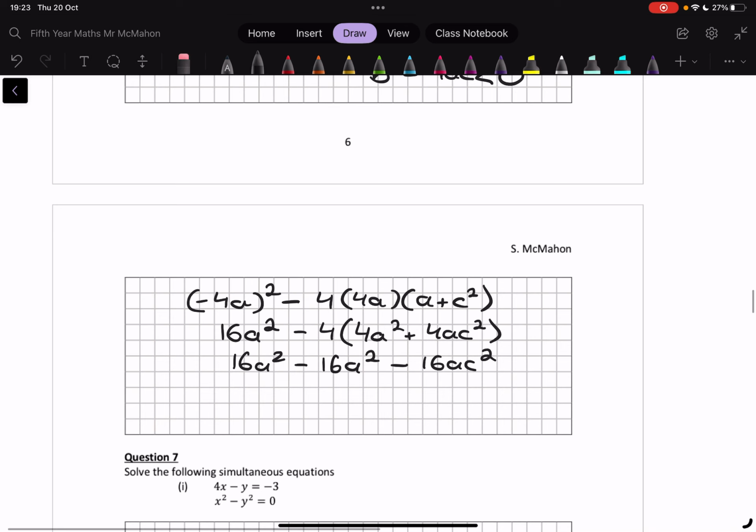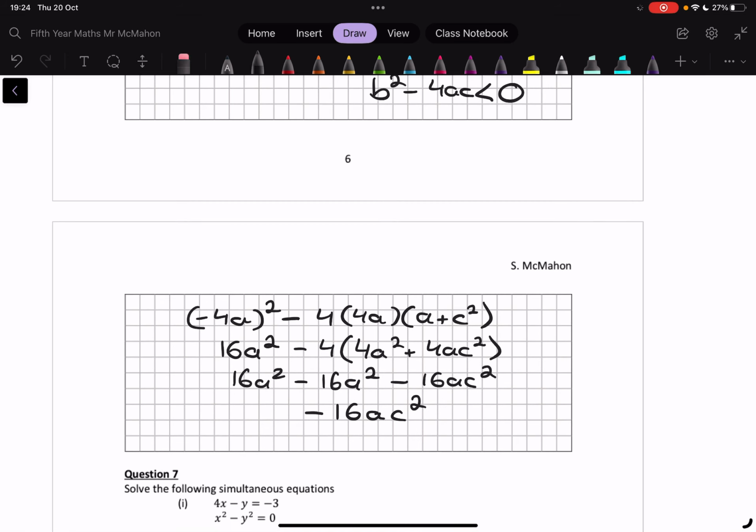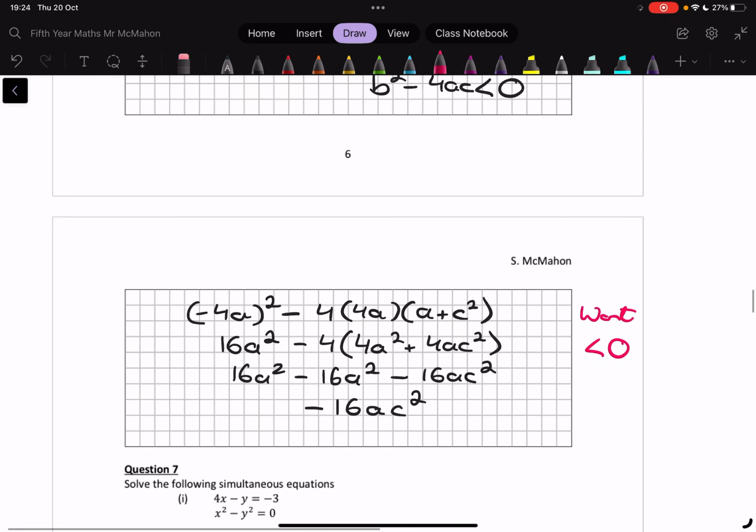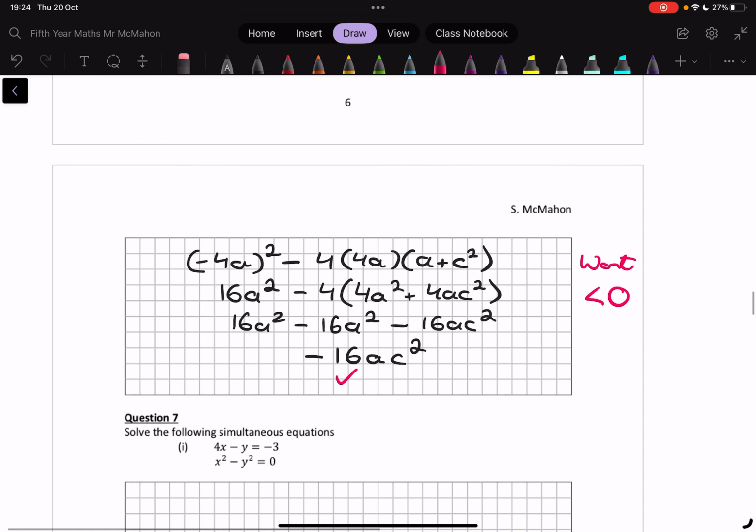So our 16a² - 16a² will obviously go to 0, and we will have -16ac². Okay, so we have to think about this one and be able to say whether this is going to be positive, negative, etc. We want it to be less than 0. So -16 is always less than 0.